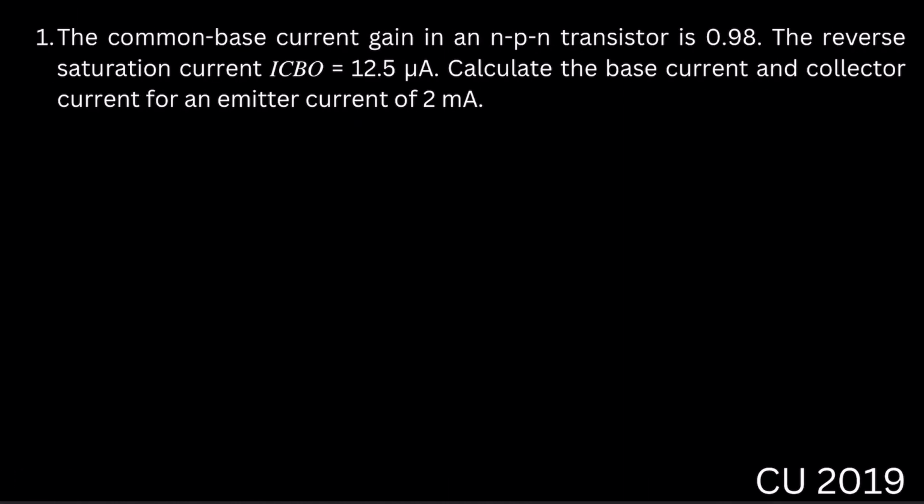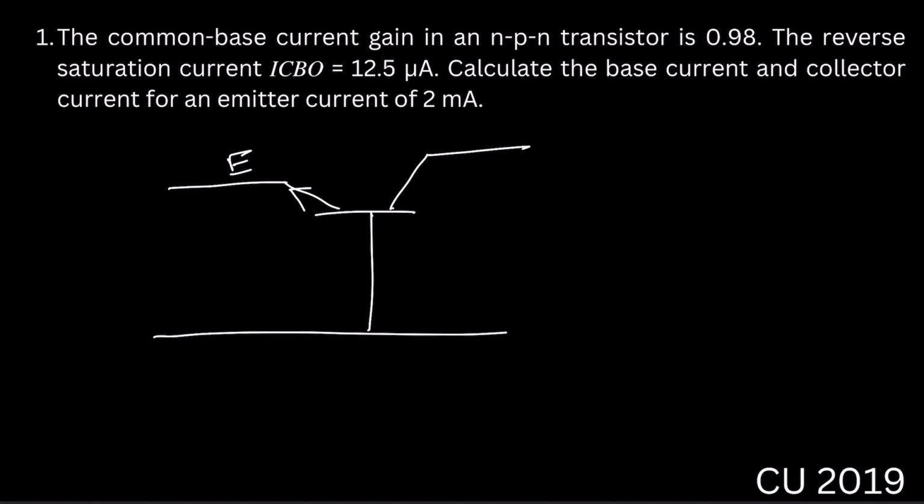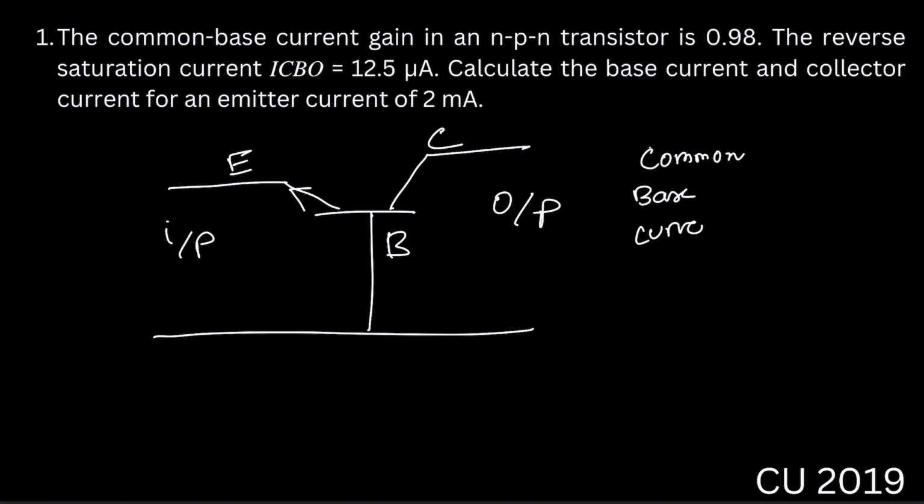Okay, so now the 2019 question. They say common base current gain, right? So first we need to draw the common base circuit. In the common base, the base will be common, the collector will be output, and the emitter will be input. The common base current gain is IC divided by IE, and we call this one alpha.